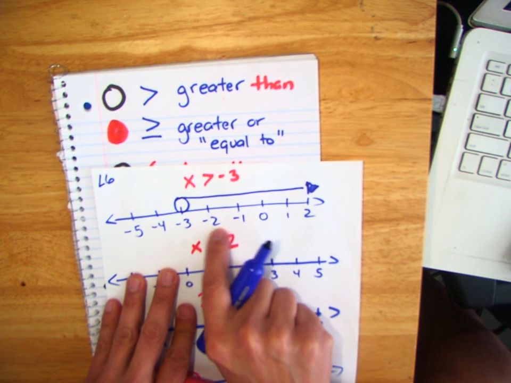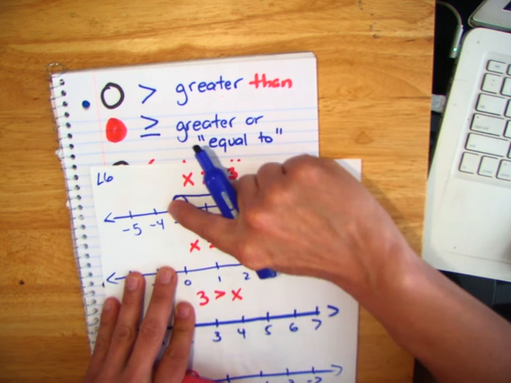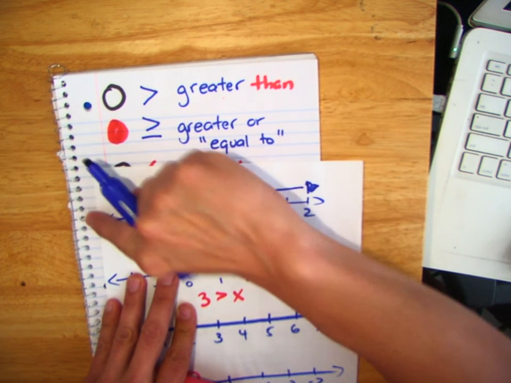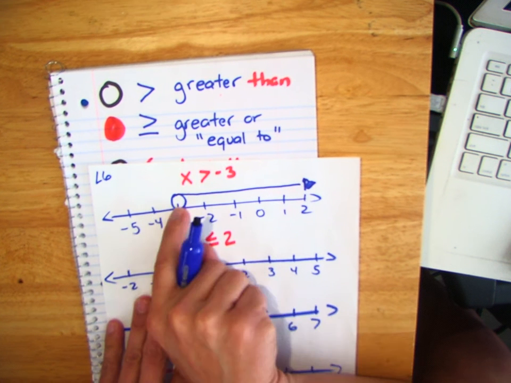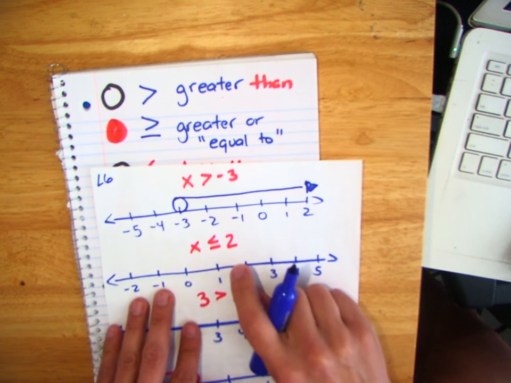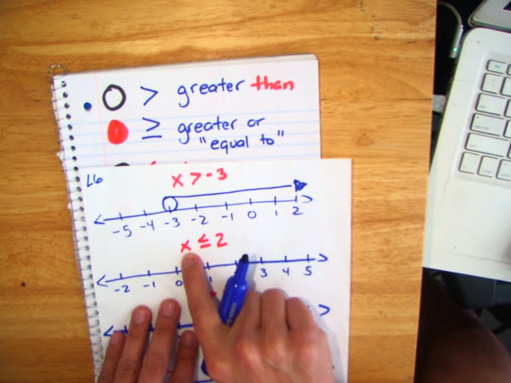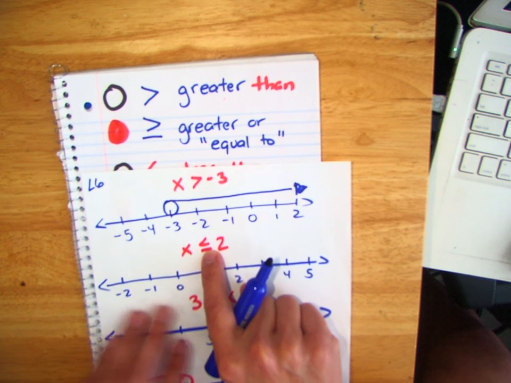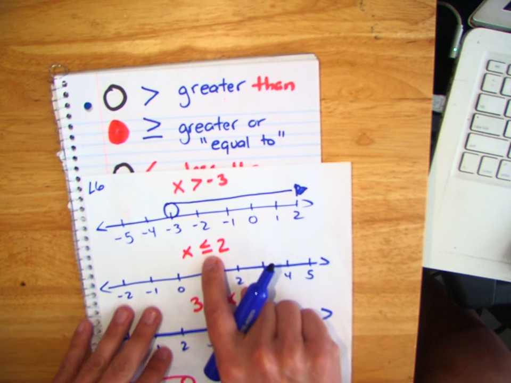So, yes, but 2 is greater, no, it's -2. The further it goes away, the smaller it gets. All right, so that's basically the concept. How about the next one? Any number that is, it's pointing to the left, left-handed, less than or equal to 2.